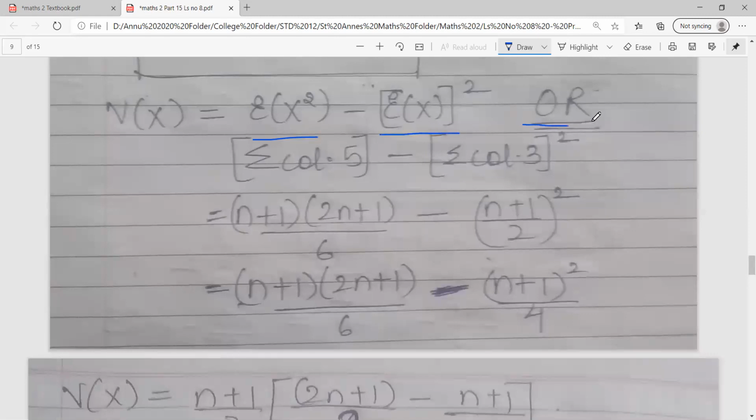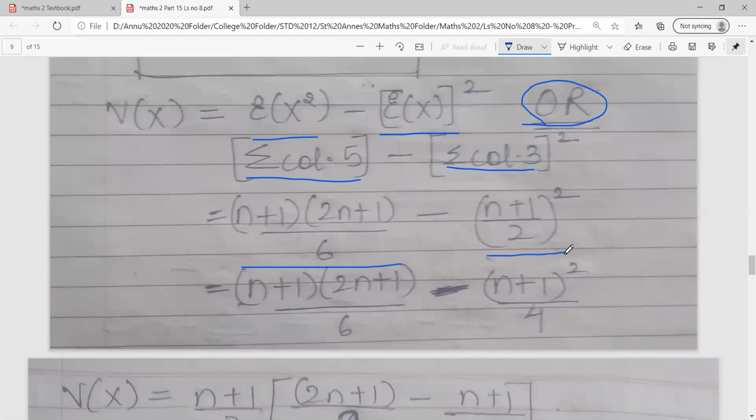For those who are not able to remember the formula by heart, it is very simple: the total of column number 5 minus the square of the total of column number 3. So the column number 5 total was n plus 1 into 2n plus 1 upon 6, minus n plus 1 upon 2 the whole square.